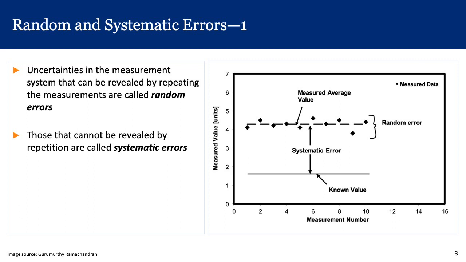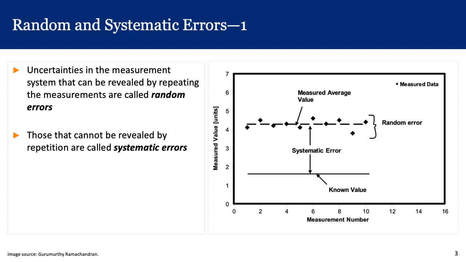The difference between this known value and the average of all our measurements is called the systematic error. If our measurement system were really good, then the systematic error would be very small. Otherwise, there is a fairly significant amount of systematic error. As I said before, this systematic error cannot be determined by repeated measurement using our own measurement method.